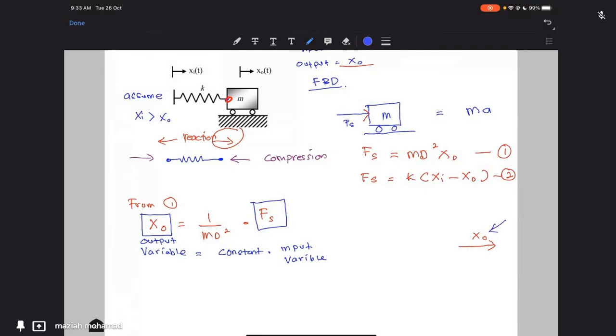Because it is the output, the constant will be in the block, 1 over md square, and then Fs is the input arrow.